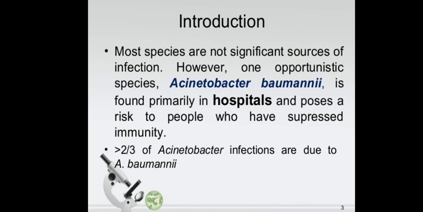People who have suppressed immunity or less immunity are at high risk of contamination or infection by Acinetobacter baumannii.